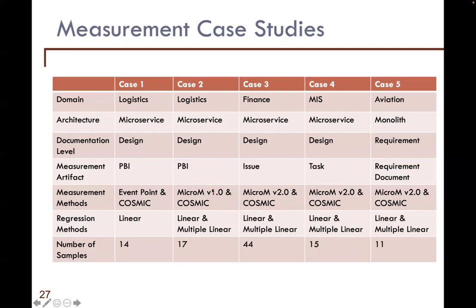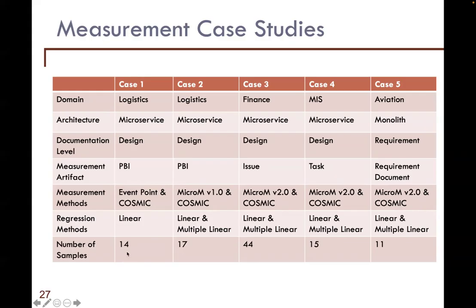In the second case study we used Micron version 1.0, and in the rest we used Micron version 2.0. And in each case we also used COSMIC size measurement to see which one performs better to predict the effort required in the projects they were performing.